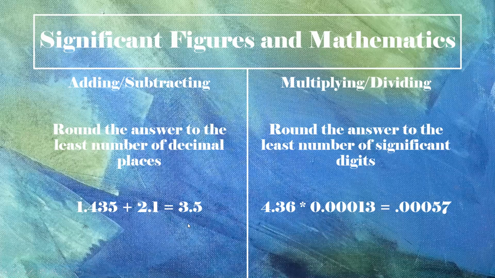Multiplying and dividing, we're going to round the answer to the least number of significant digits. This number has 3 significant digits. This number has 2 significant digits. So when we multiply them together, we're going to round to 2 significant digits, and that's going to give us this answer here.